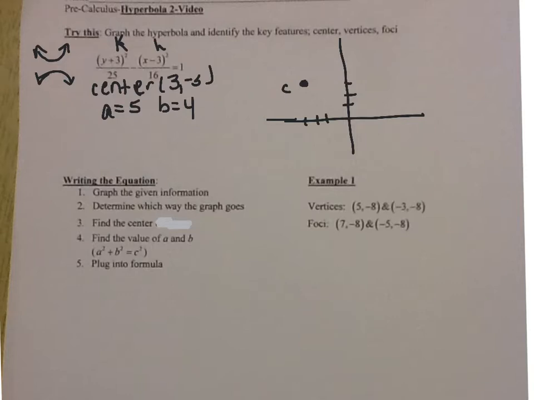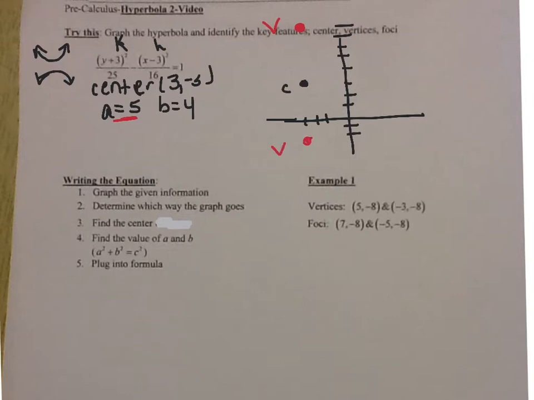And now I need my vertices. So since my a is 5, I need to go up, down. So I'm going to go up 5 units. That's going to put me up at 8. So there's one of my vertices, and I need to go down 5. That's going to put me at -2.